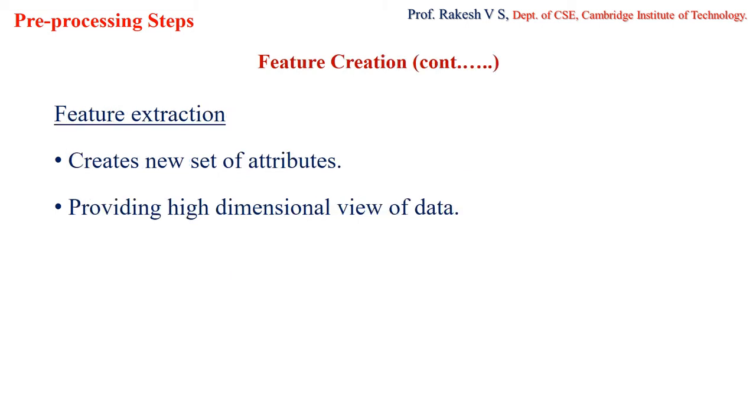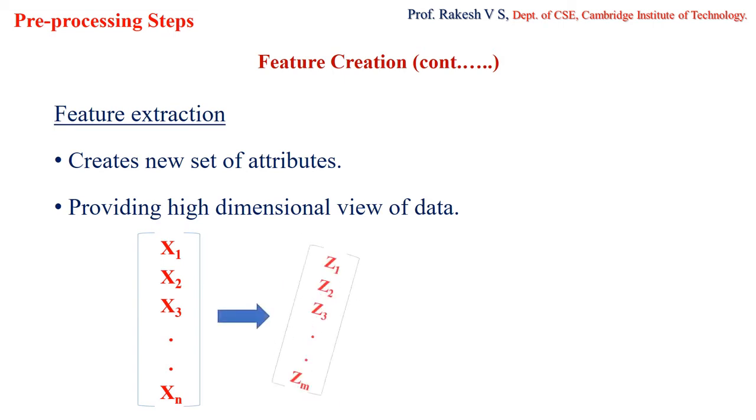Feature extraction is going to extract new features from the original raw data. What is happening here is it provides a high level view of the data. Say consider we have n attributes, that is x1, x2, x3 up to xn. We will map it to a lower dimensional space with m dimensions.